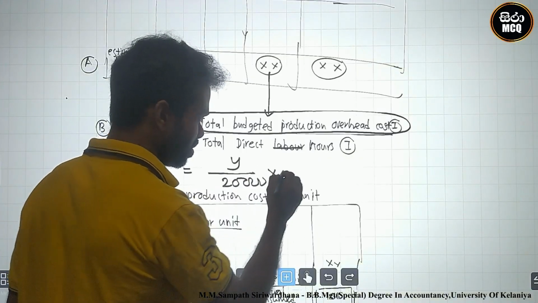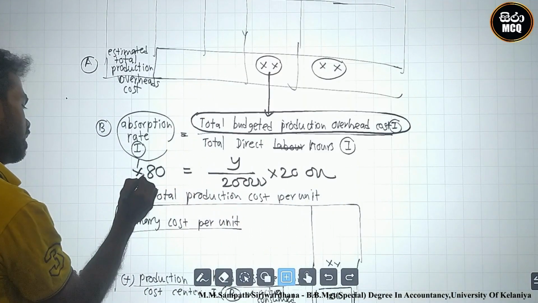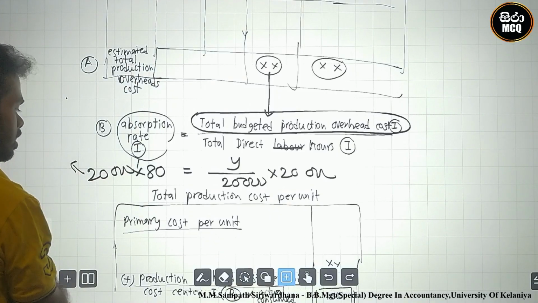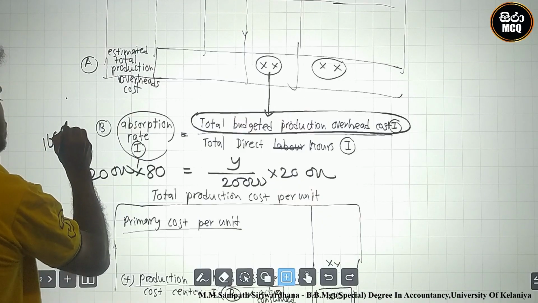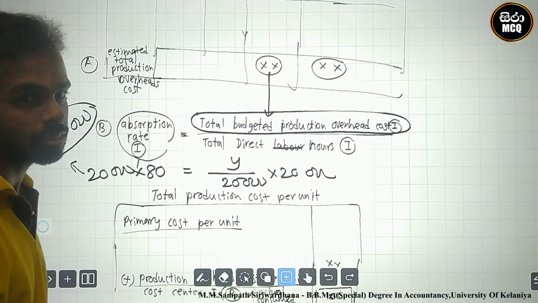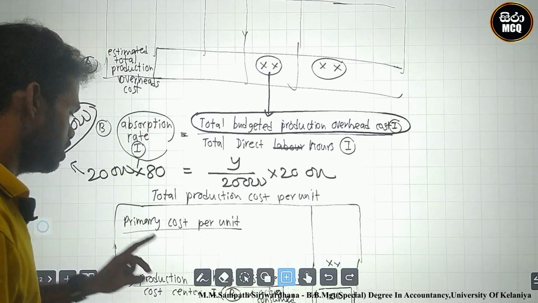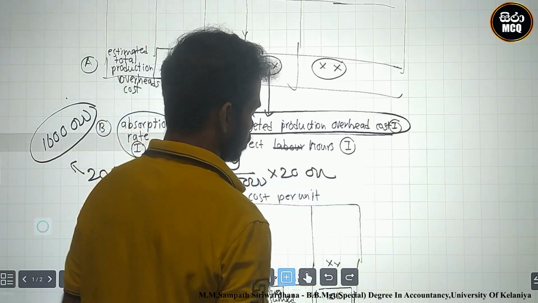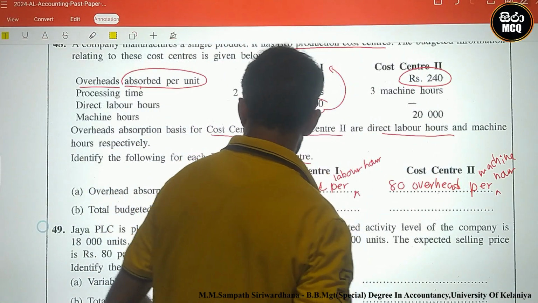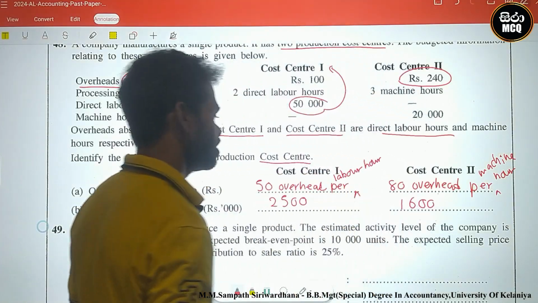To find Y, the total production overhead, I multiply by 20,000. 80 multiplied by 20,000, what is the answer? We get 1,600,000, that is 1.6 million. This is the answer for total budgeted production overhead for cost center 2.